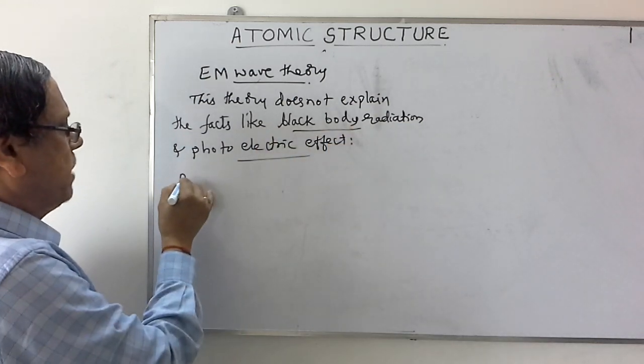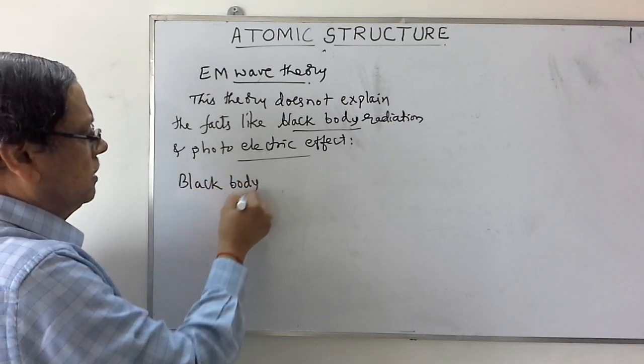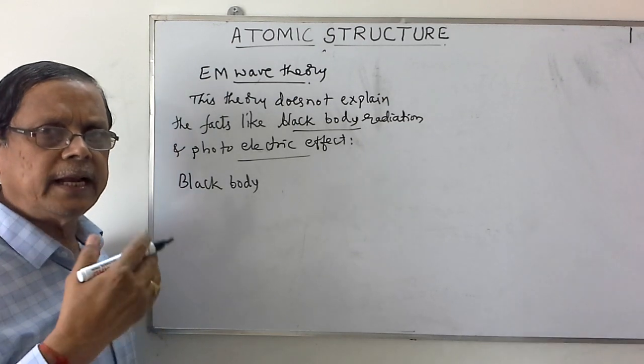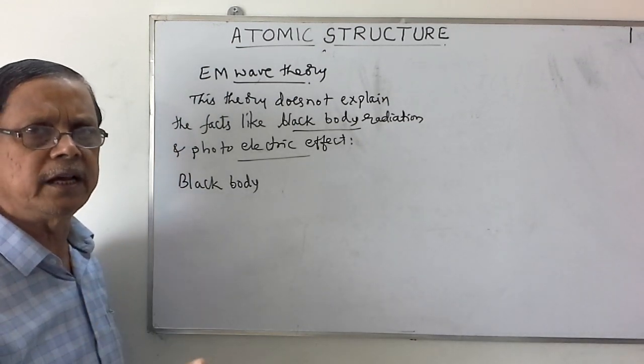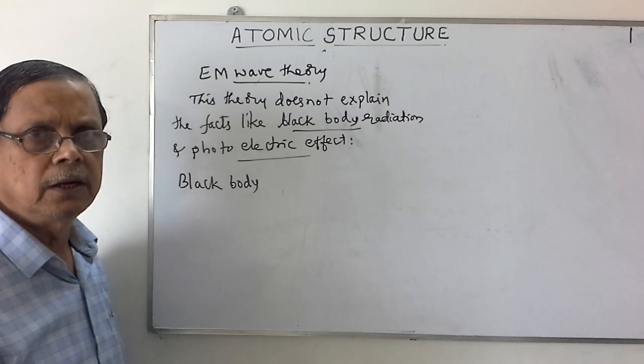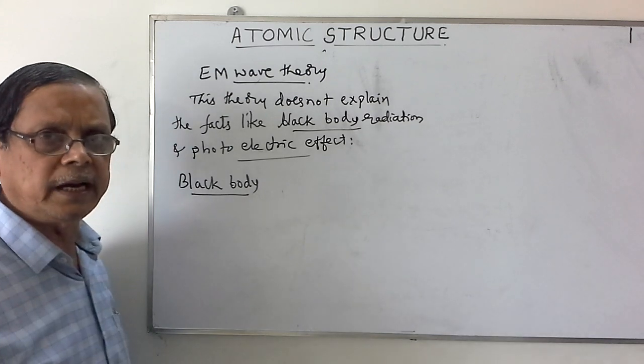When we consider black body radiation, a black body is the body which can absorb or emit all the radiations that are falling on it, without any change in the frequency of radiation.